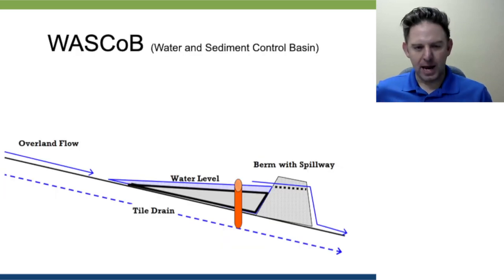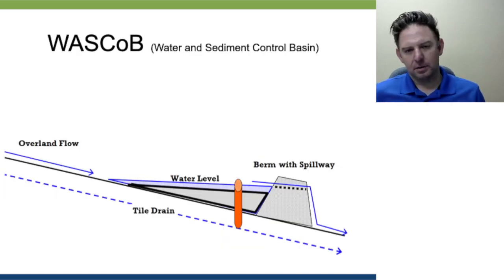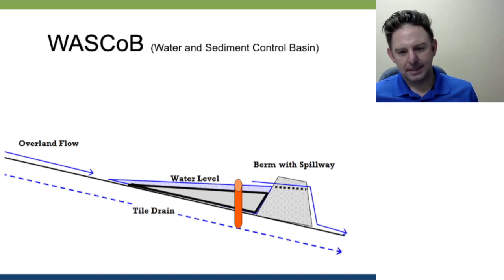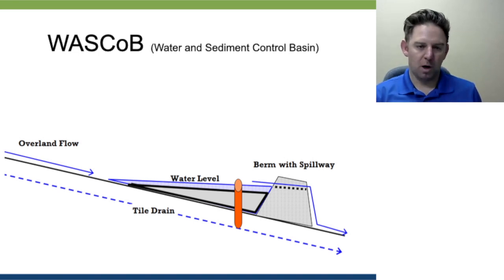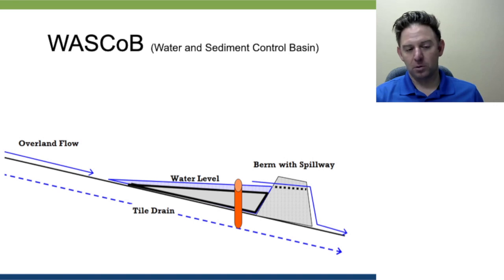Another feature that can go hand in hand with a grass waterway is a water and sediment control basin, known as a WASCOB. They can be in line on the grass waterway, or they can just be in a field without grass waterways. It's a good measure to control the rate at which water flows, which also reduces the amount of erosion.